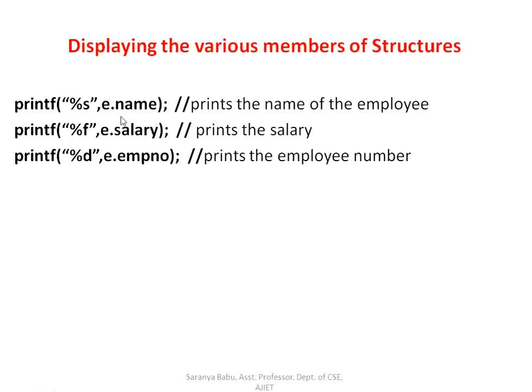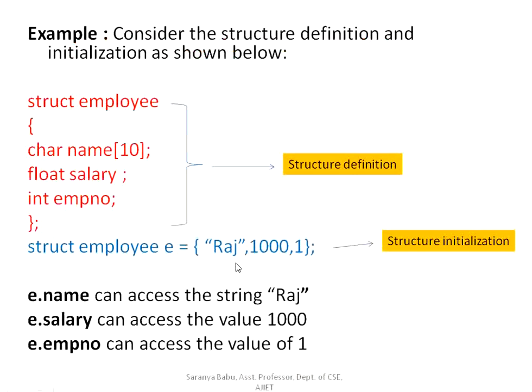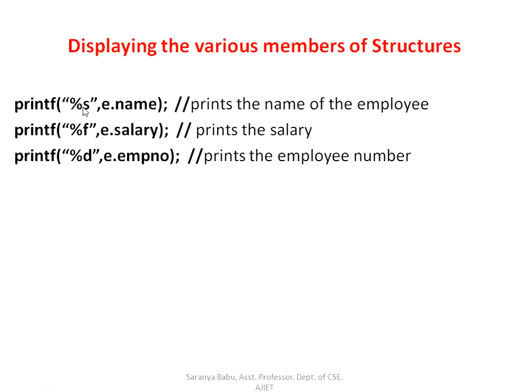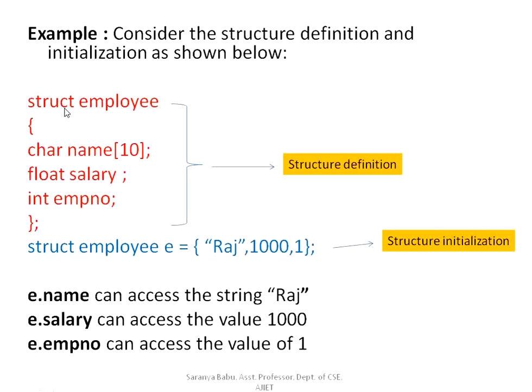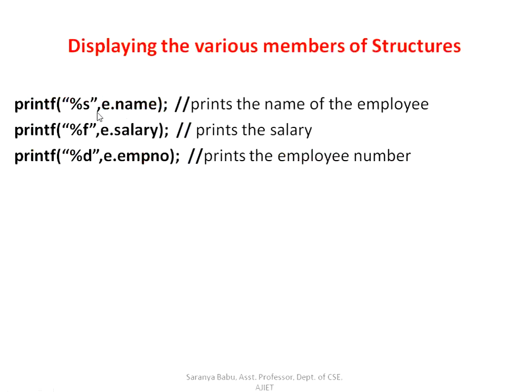Now suppose you want to print it, how will you print it? Same thing, printf. Suppose I want to print the name of that employee. The name of the employee is E dot name. So printf with %s, because name is stored as a string, which means a character array. Give printf the %s format specifier, comma, E dot name.